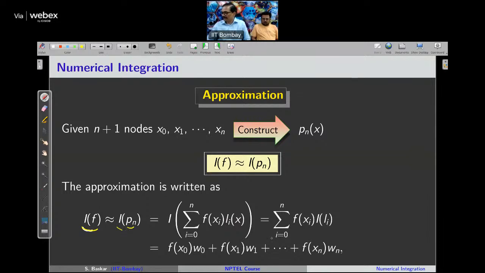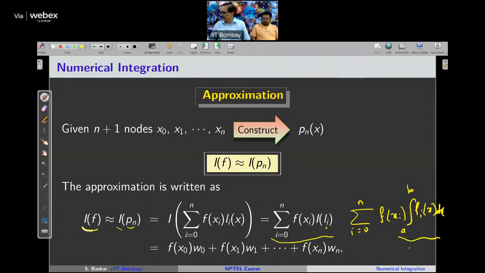When you write the polynomial in the Lagrange form, it takes this form, because f of xi is constant and the Li's are functions of x. Therefore, when you take the integral, you will have the sum over i equal to 0 to n of f of xi times the integral from a to b of Li of x dx.